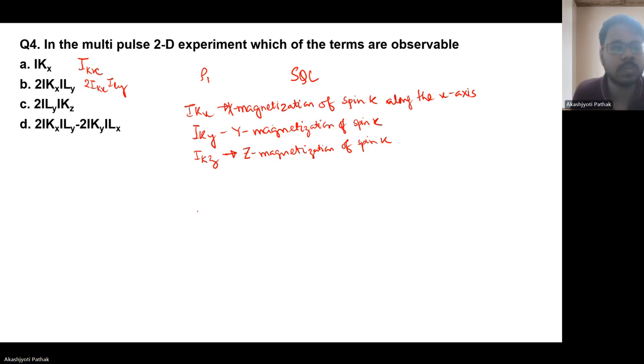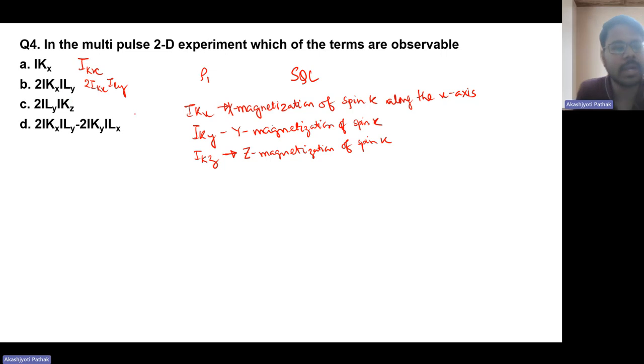Now, which terms are observable? Remember that always this IKX term is only observable, because this is the term that corresponds to single quantum coherences.